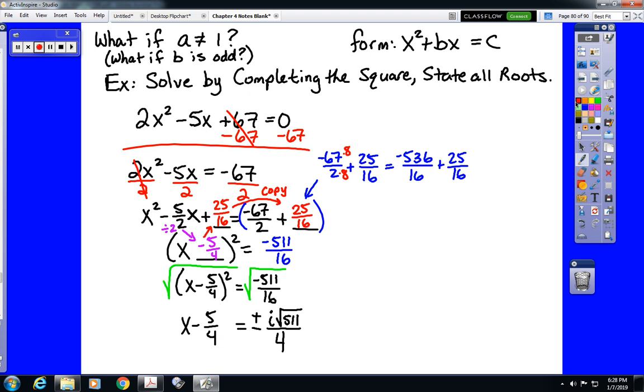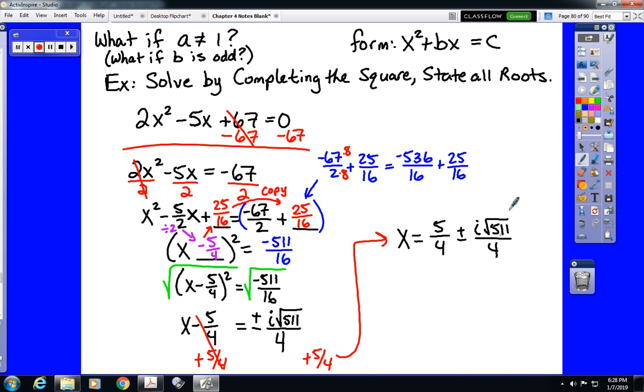So then our final step, we need to move the 5/4 by adding 5/4 to each side, just like we always do. Move it up here because I'm out of space. That will give us x equals 5/4 plus or minus i root 511 over 4.